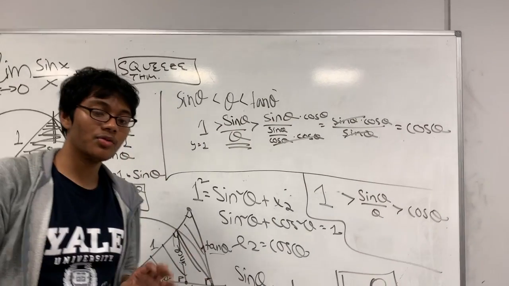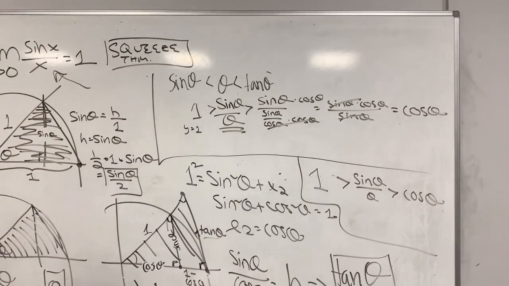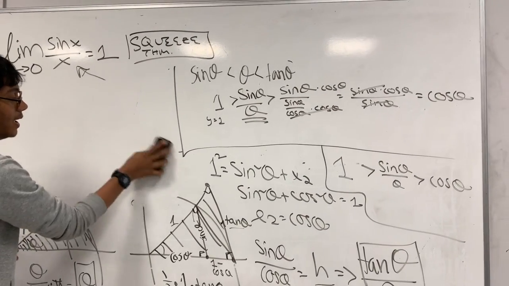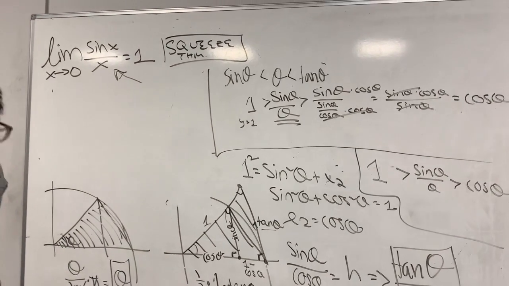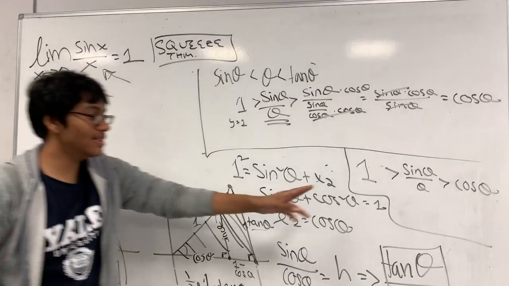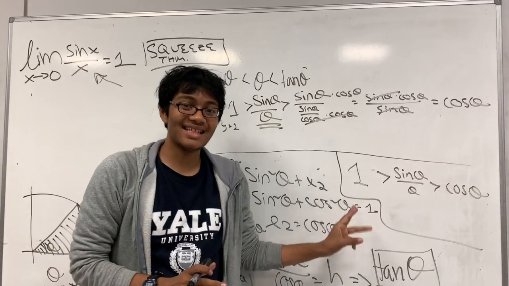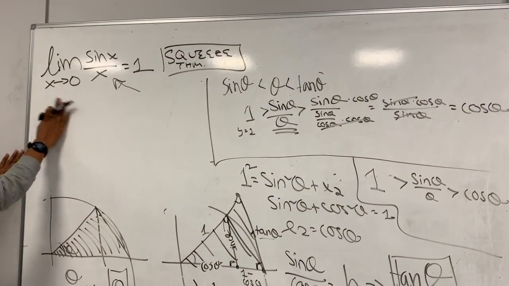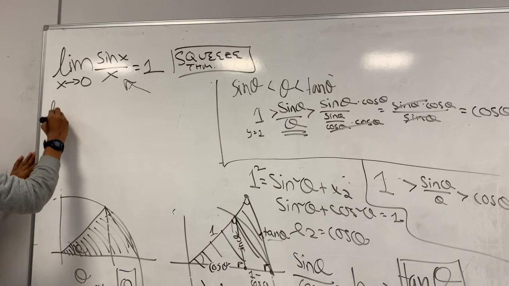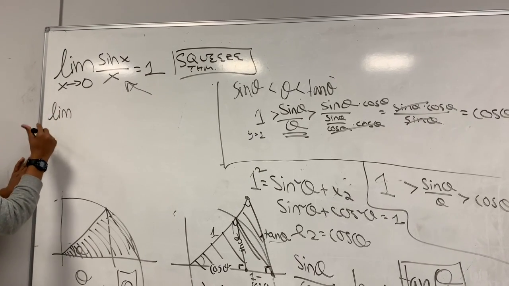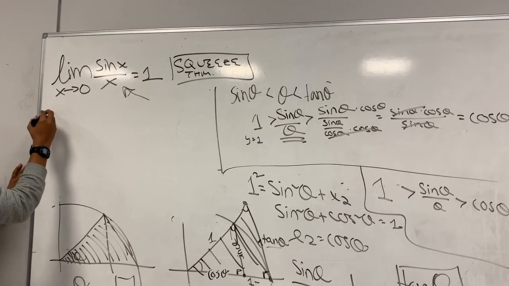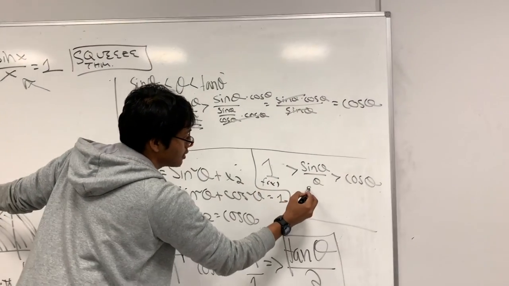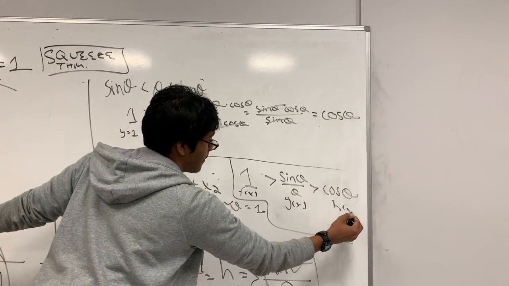And now we are almost at the final step. Let me erase this. We are almost at the final step, but in order to use the squeeze theorem, we have to find the limit of these two restricting functions as x approaches 0. So let's do that. First of all, let me call these f of x, g of x, and h of x, right?